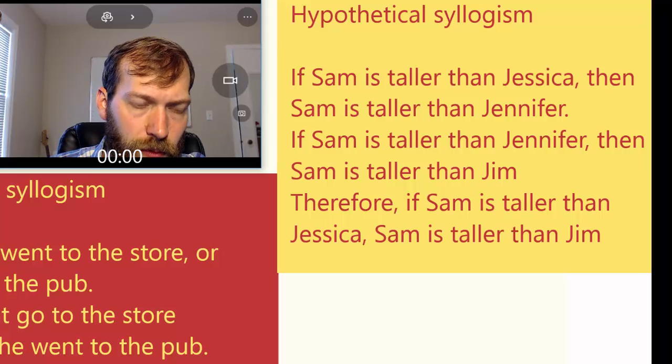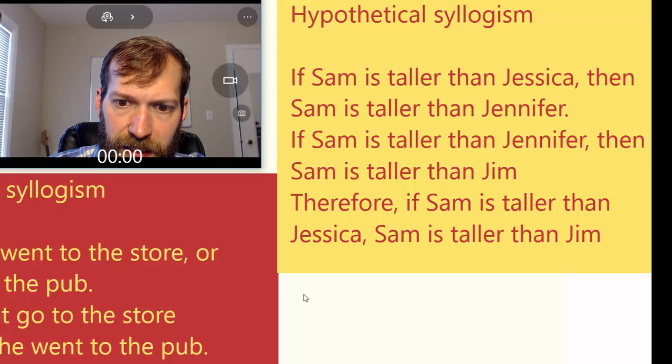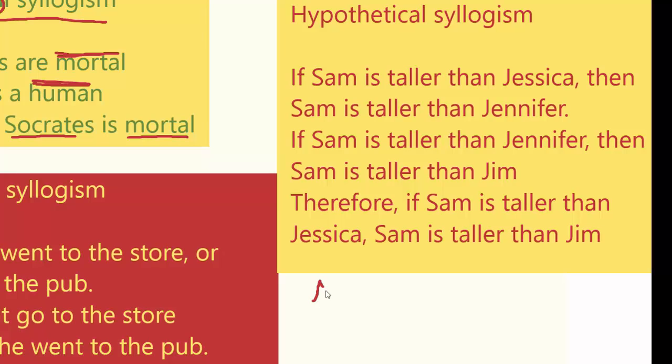We could represent that as saying, if Sam is taller than Jessica, then Sam is taller than Jennifer. Our second statement says, if Sam is taller than Jennifer, then Sam is taller than Jim.